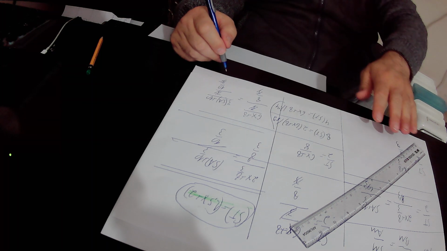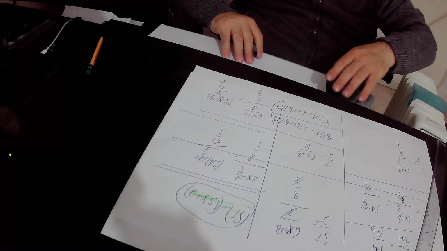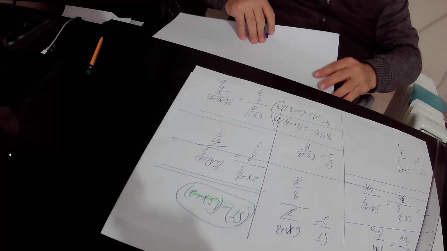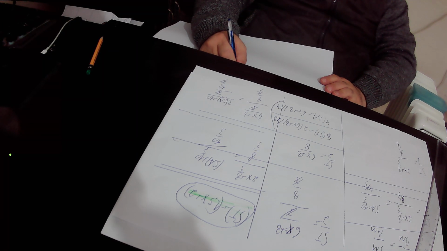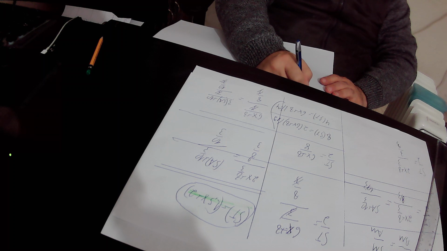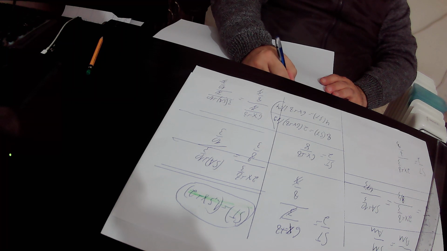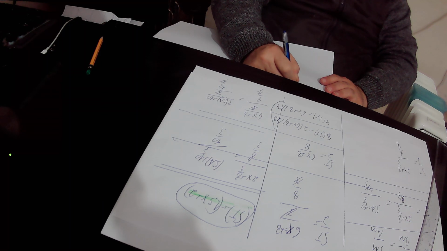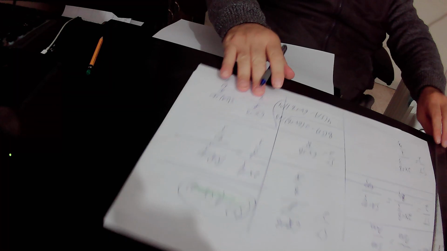After we cancel 3 on both sides of the equation, we are left on this side with 6x plus 8 over 8, that equals 3 times SA plus 10 over 10.